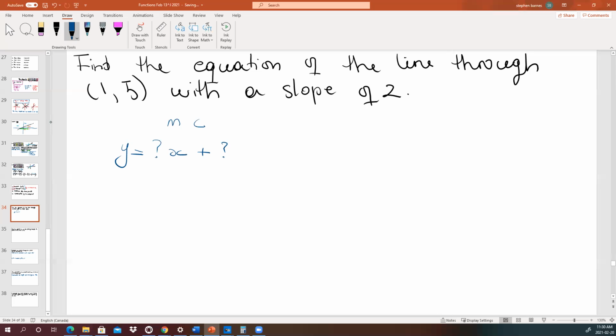So usually that's how, when they say find the equation of a line, that's how you give it to them, right? So let's go ahead and see how we can work out this now.